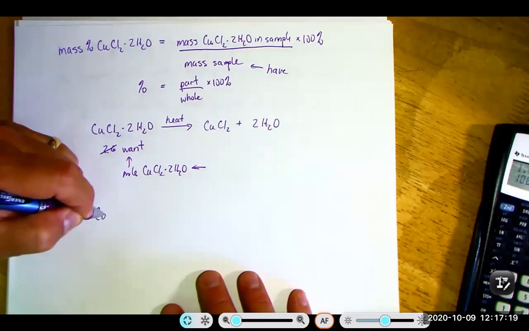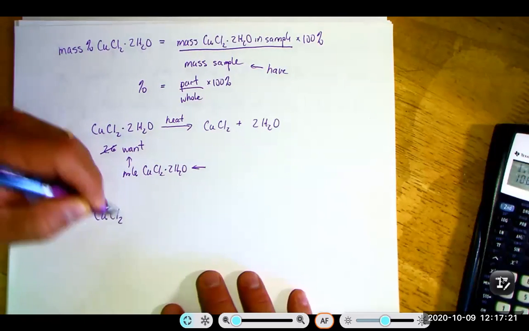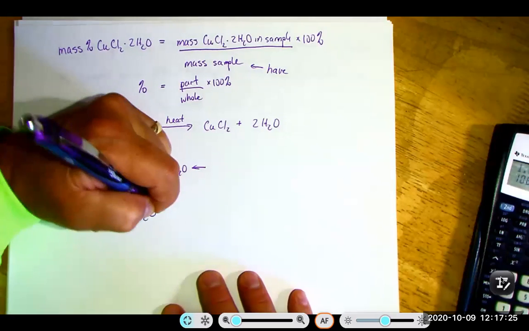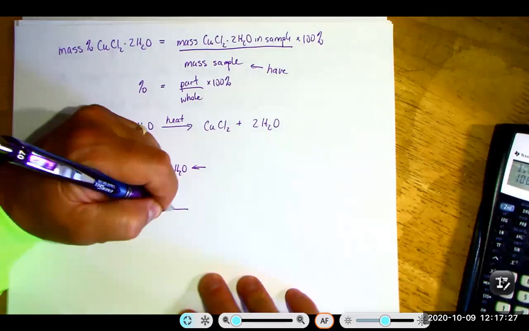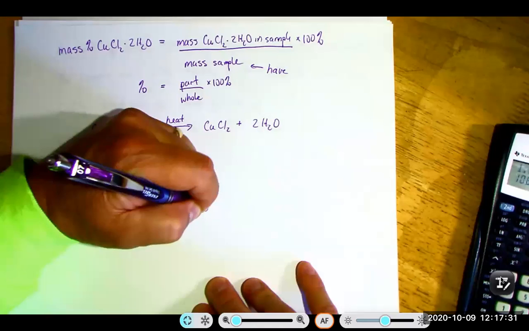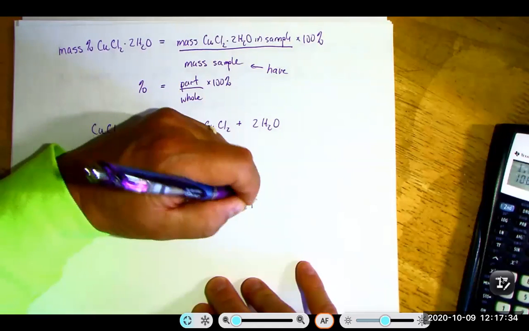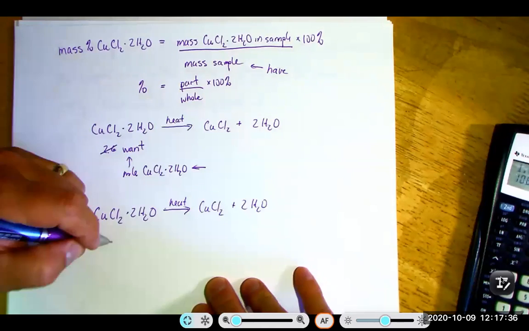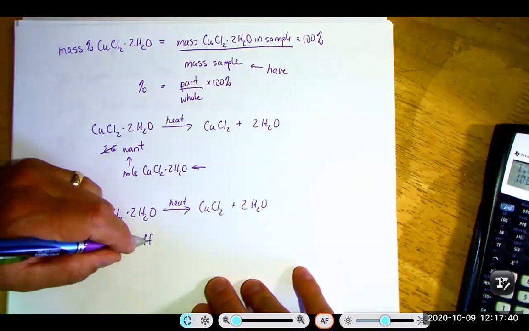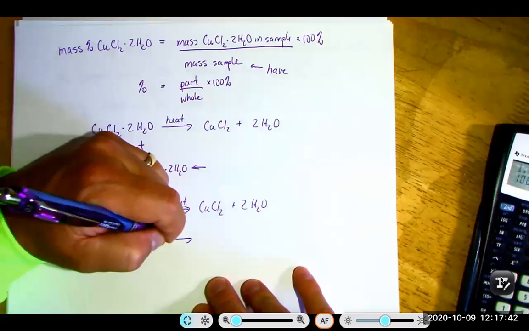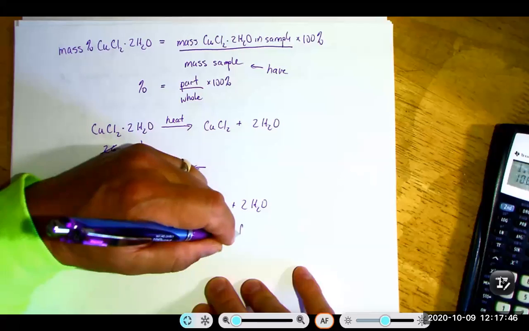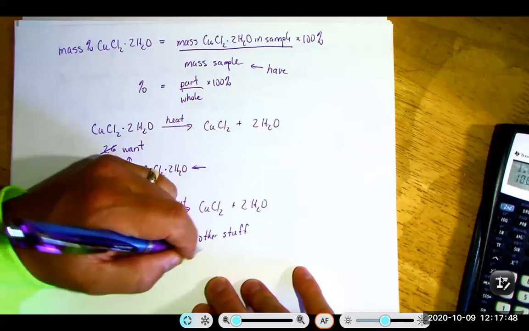You've got copper 2 chloride dihydrate plus heat turning into copper 2 chloride plus 2H2O, plus you have some other stuff in there. When you heat it, it stays as other stuff. And these are the same.